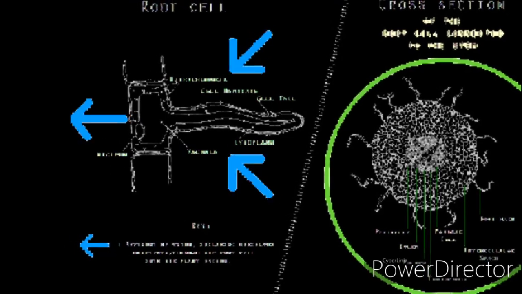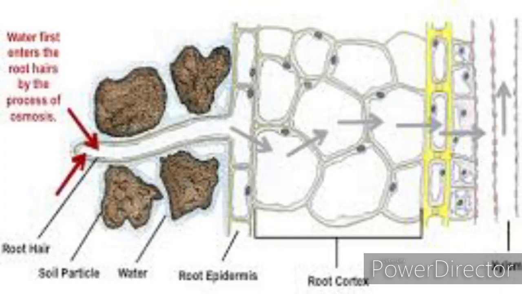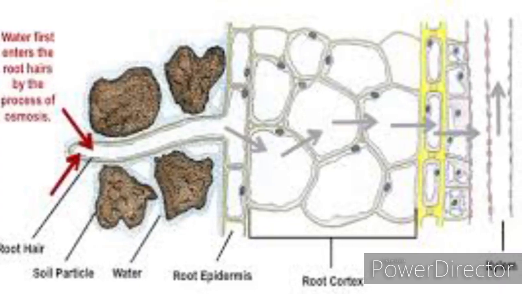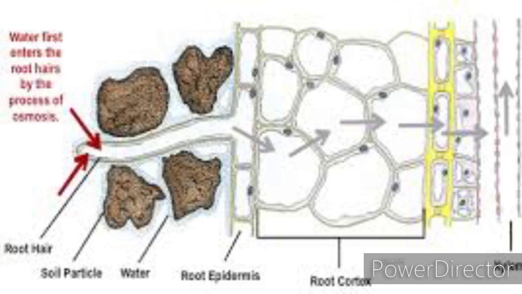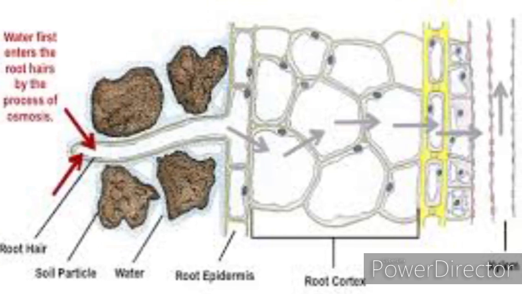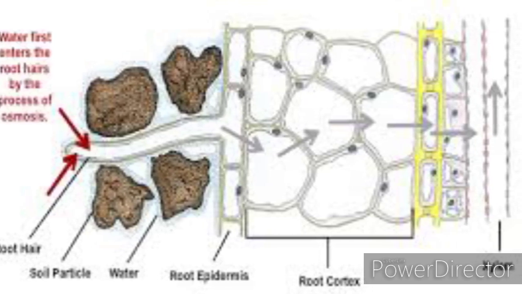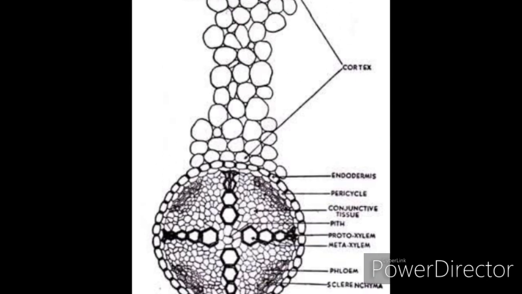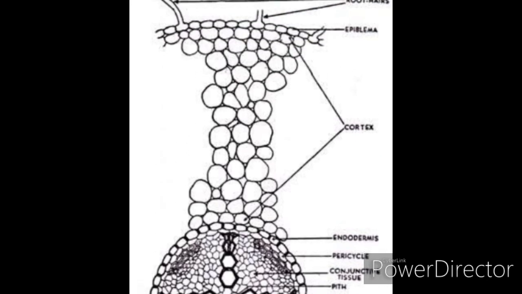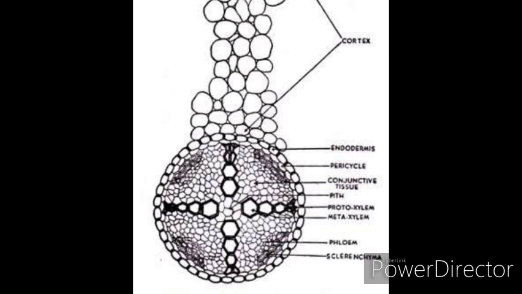Now, as you see, the root hairs absorb the water and minerals with the help of the processes osmosis, diffusion, and active transport. After these water and minerals are absorbed, the next step is the movement of water through the cortex cells of the root. The root hairs, the protuberances of the epidermal cells, absorb the water and minerals, then send it to the next layer of cells present in the root, that is the cortex cells.